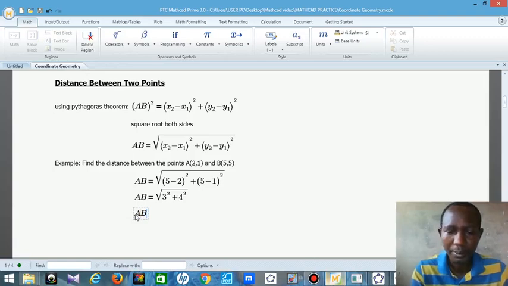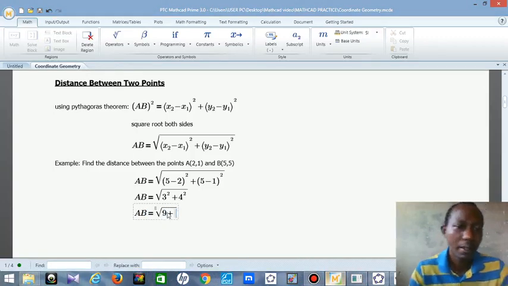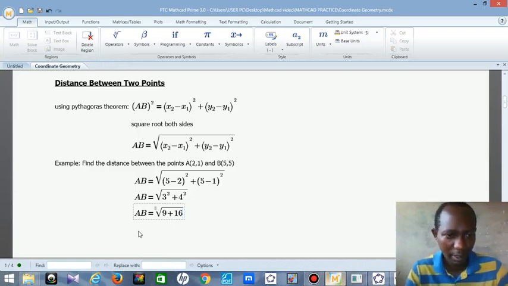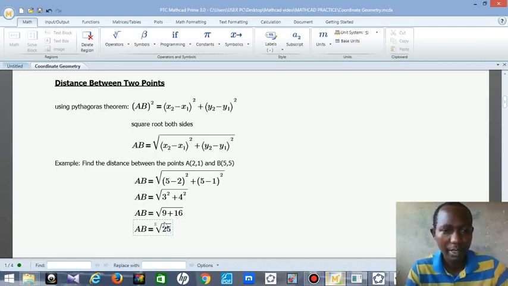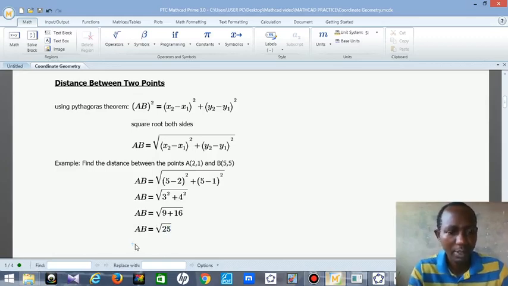AB is equal to the square root of 3 times 3, which is 3 squared, giving us 9, plus 4 times 4, giving us 16. Then AB is equal to the square root of 9 plus 16, which gives us 25. Then the final answer for this distance: AB is equal to the square root of 25, which gives us 5.